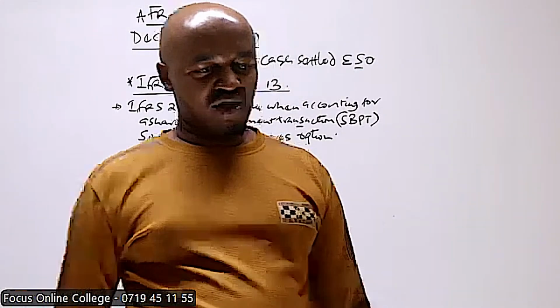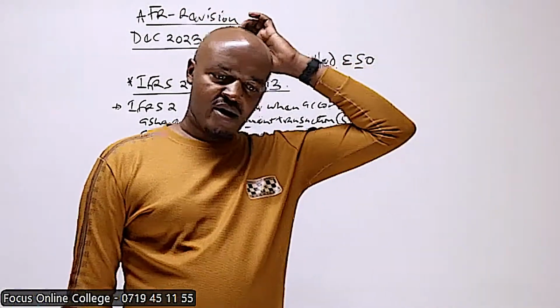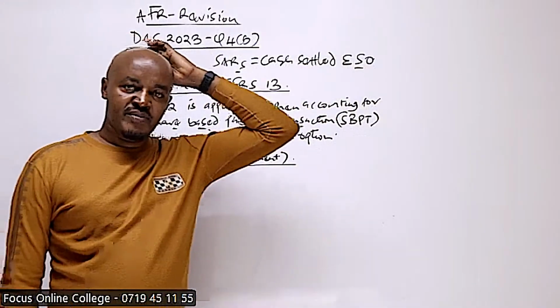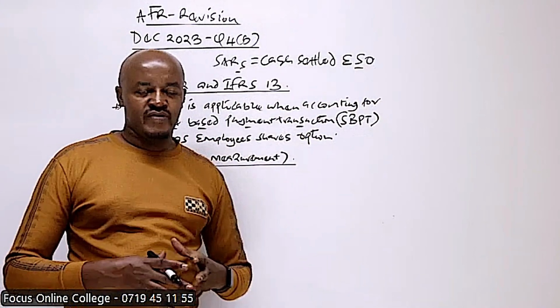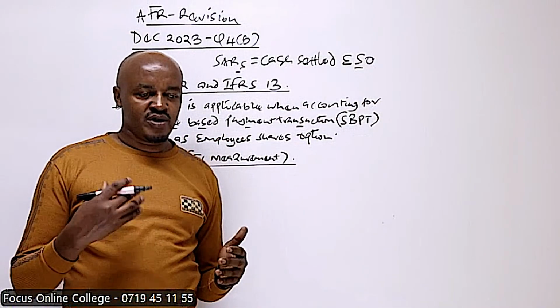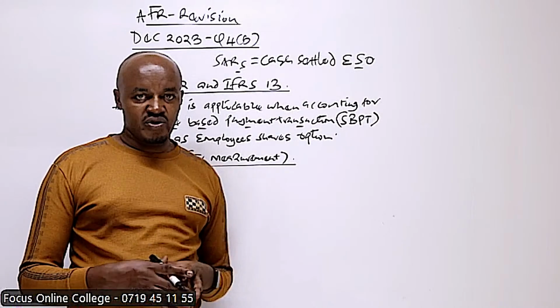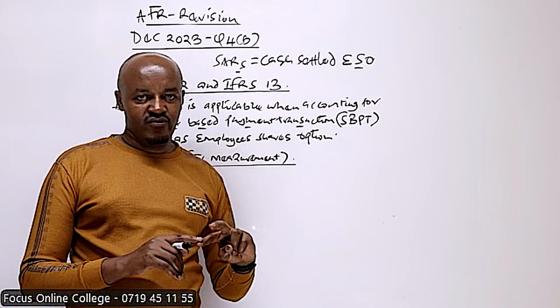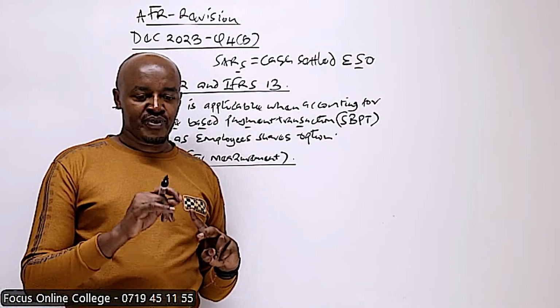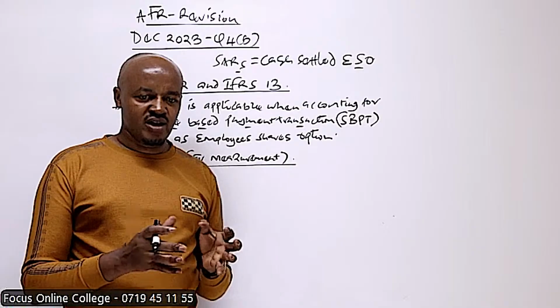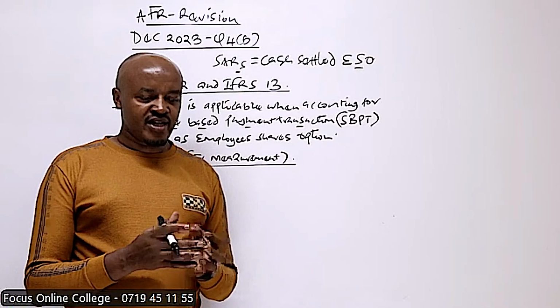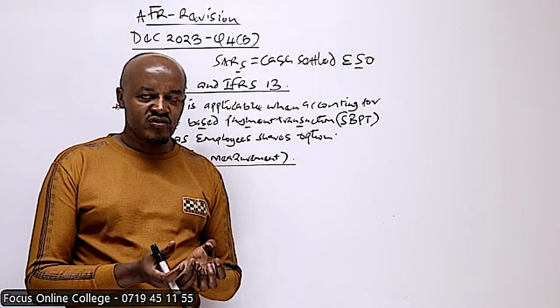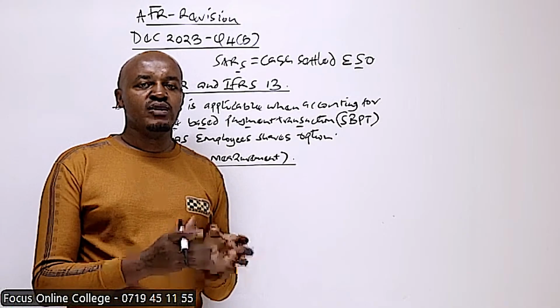I hope you can recall, for example, in the topic of impairment of assets, we talked about the recoverable amount of an asset, which is the higher of two values: number one, value in use, and number two, the fair value less cost to sell. We say the fair value less cost to sell is the estimated selling price of an asset less the cost which will be incurred in selling that asset.